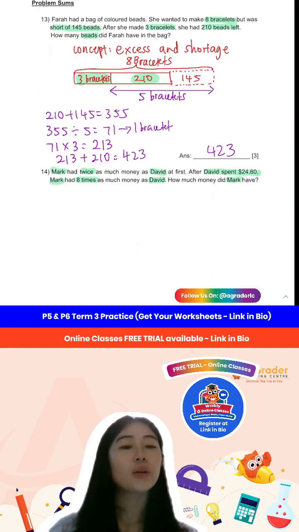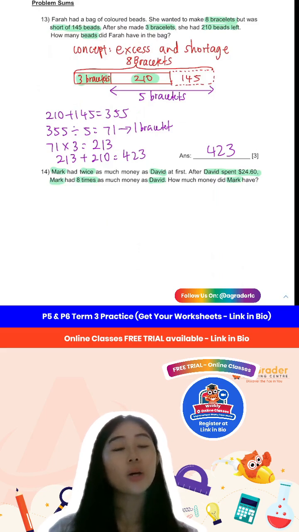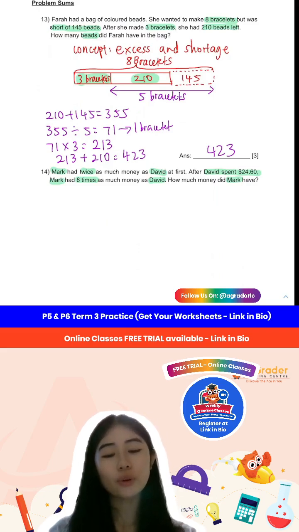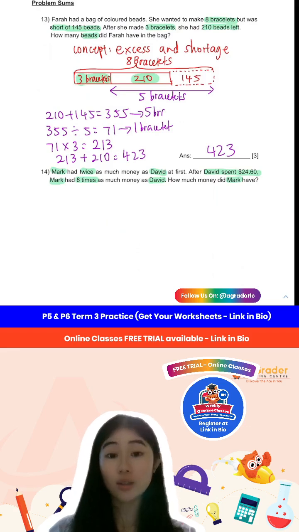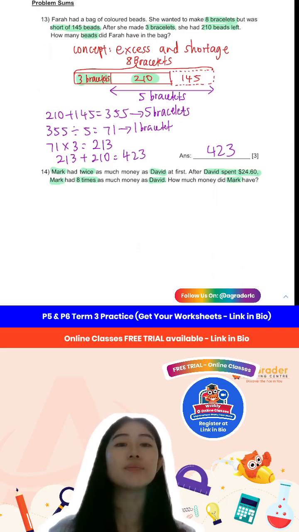Oh, okay. Question mark, you have a question, is it? What is 355? Oh, okay. 355 is for 5 bracelets, as you can see in the model. Yeah, okay, so I've labeled it already. Any other questions before we move on?